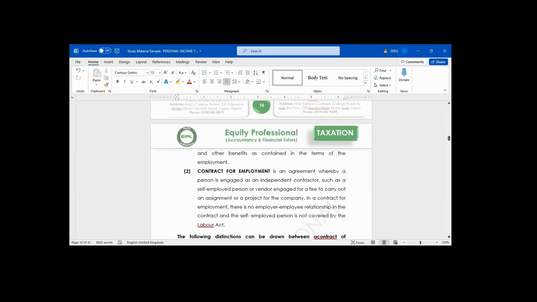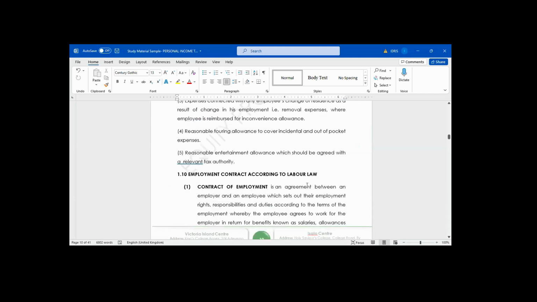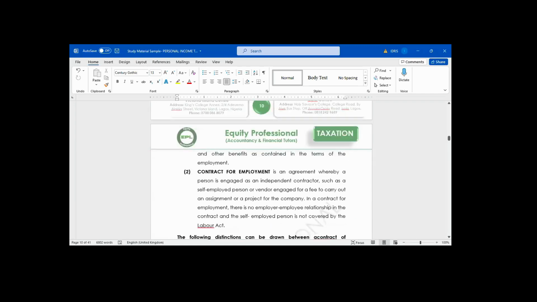So, what is the major difference between contract of employment and contract for employment? In some textbooks, they call contract of employment a full-time job, while contract for employment is a part-time job.